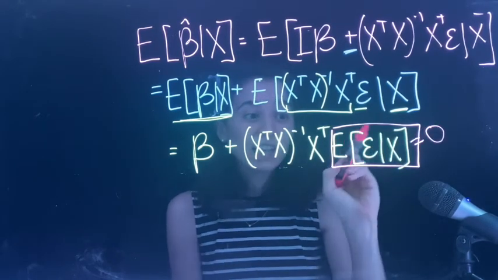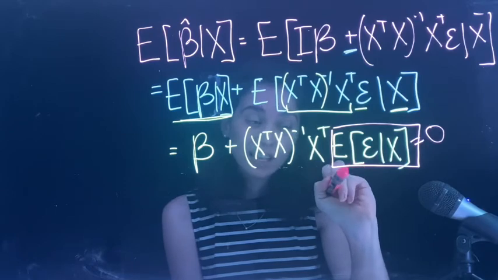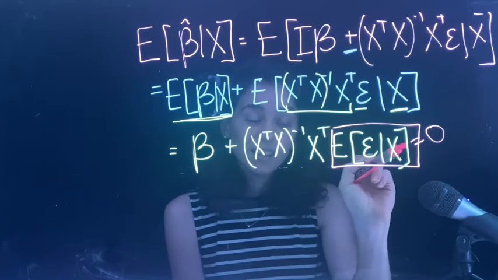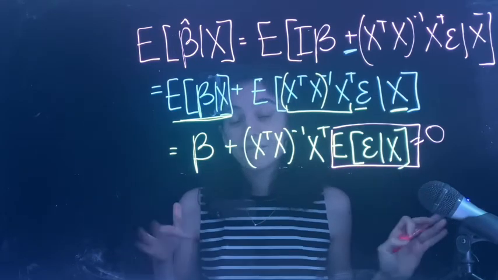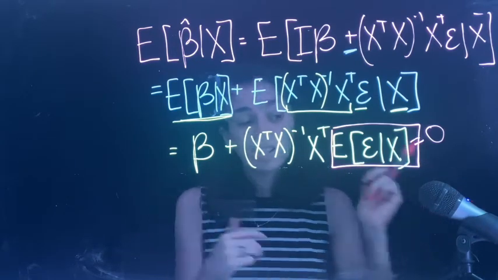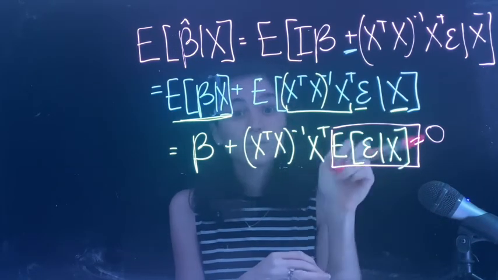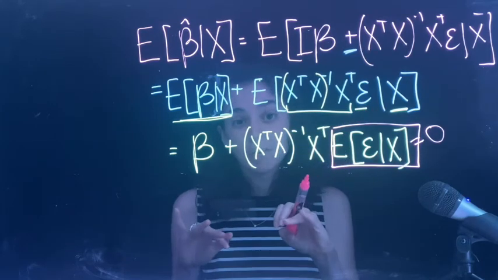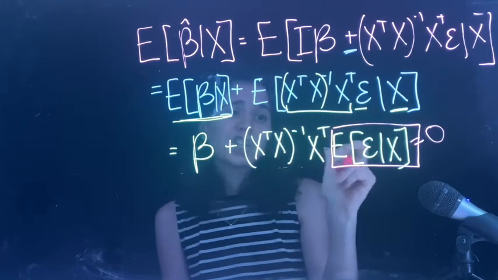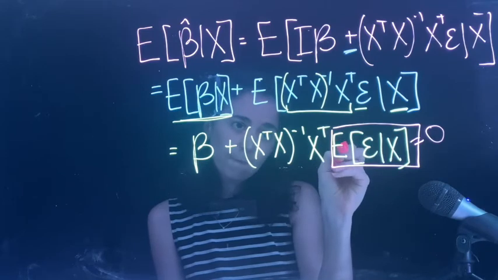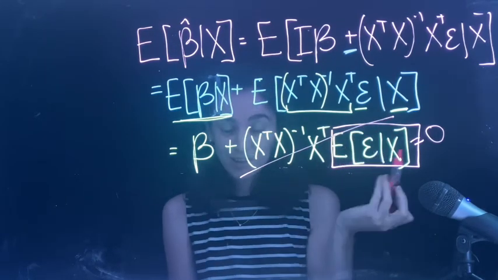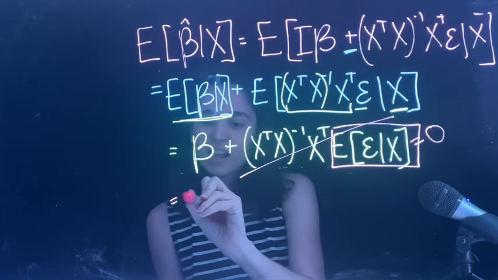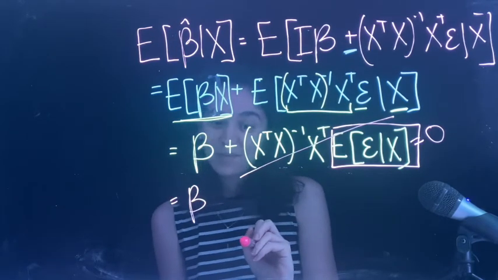We expect that the expectation of our errors given our data is 0; otherwise the least squares wouldn't hold. So if this expectation is 0, it cancels out this whole part, because if you multiply 0 by anything, you just end up with 0. And that leaves us with beta.